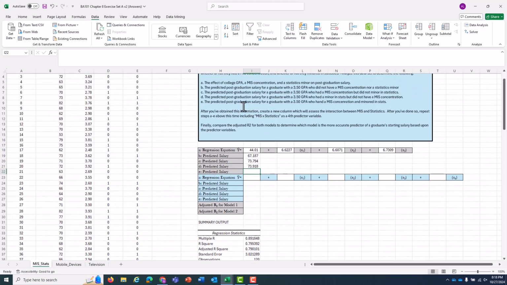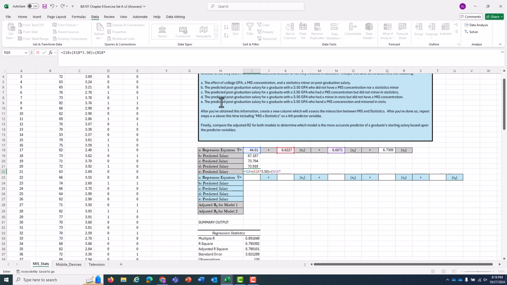And then for E, we got both. A student with a 3.5 GPA who had the MIS concentration and minored in stats. So this is equal to 44.01 plus, in parentheses, the slope or the coefficient for our GPA. And we're still testing for 3.50, so let's multiply that by 3.50 plus the slope for our MIS concentration.